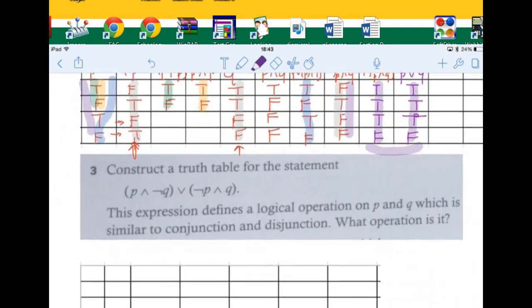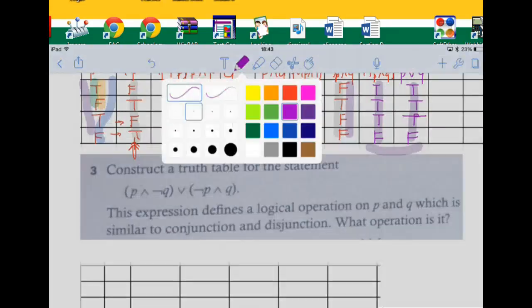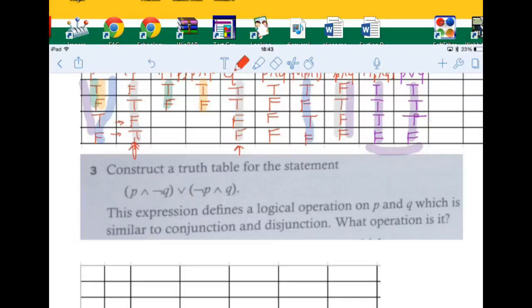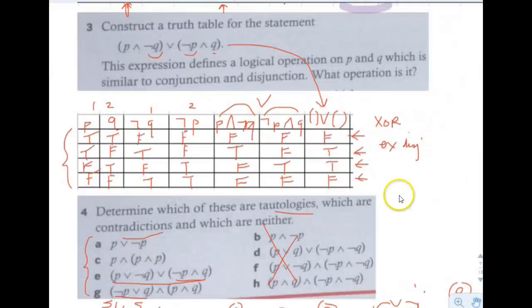Okay. Now, 3. Construct a truth table for the statement P and not Q, or not P and Q. Okay. This expression defines a logical operation on P and Q, which is similar to conjunction and disjunction. What operation is it?